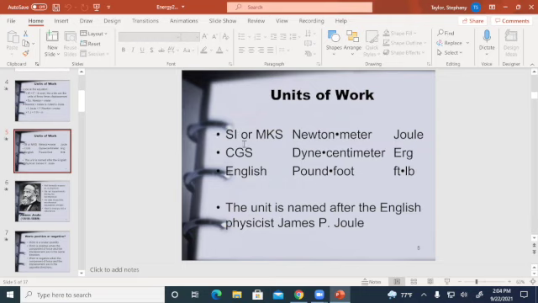Again, we are using SI units. Other places have different measurements, but we will be using the International System of Units, which is newton meter or joules. The SI unit of joule is named after James Joule, an English physicist.